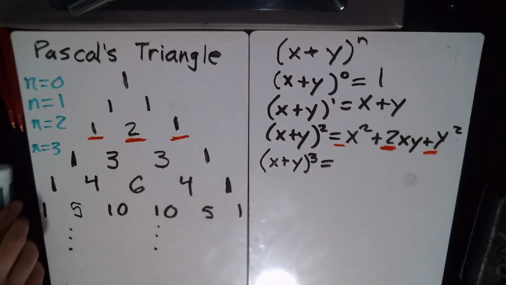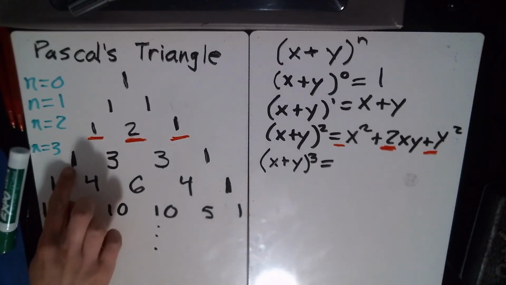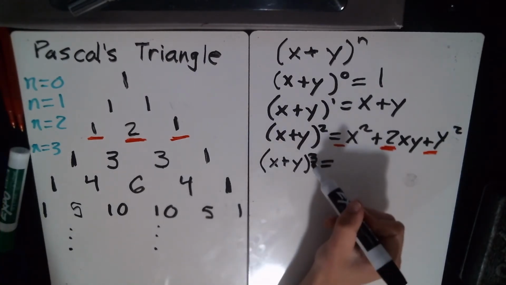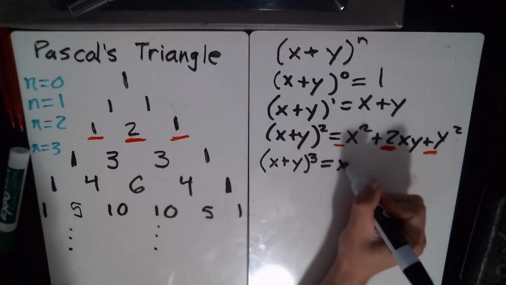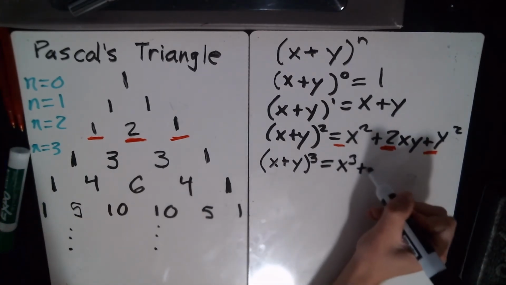So what does that mean? It means I start over here at 1, so I'm going to have 1x cubed. It's going to be x cubed because we have a third power on here. So 1x cubed, and then there's a 3 next, so there's going to be 3.